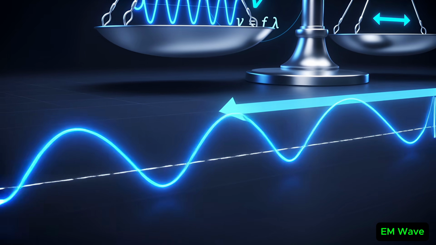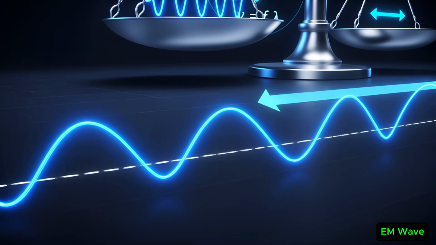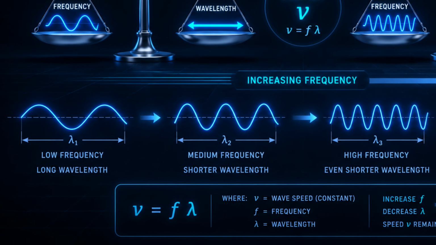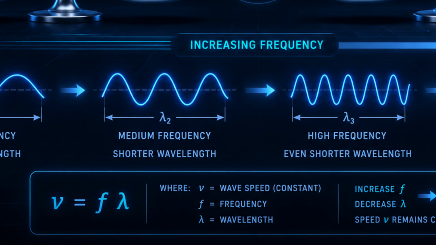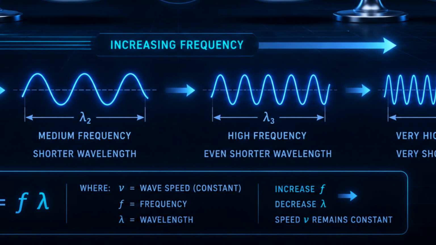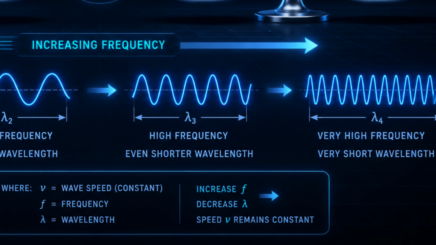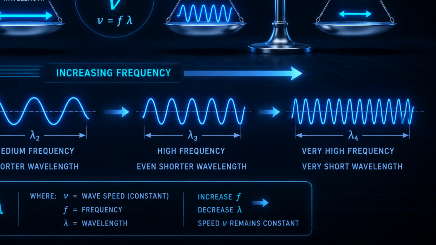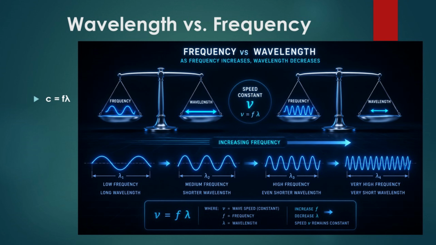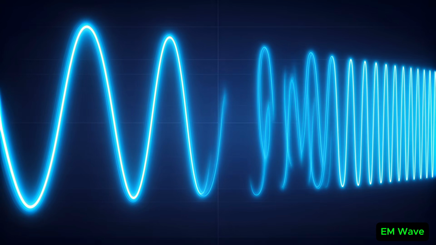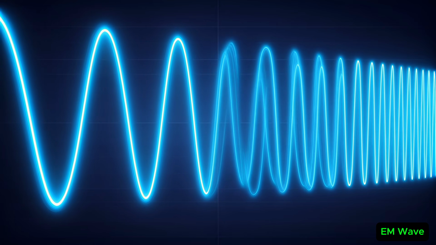Since the speed of light remains constant, increasing one quantity causes the other to decrease. Frequency and wavelength are inversely related.